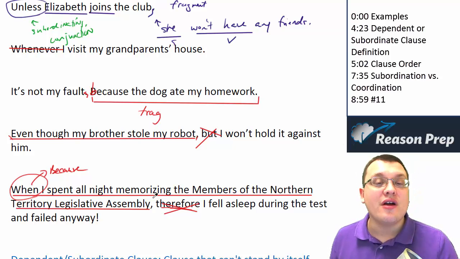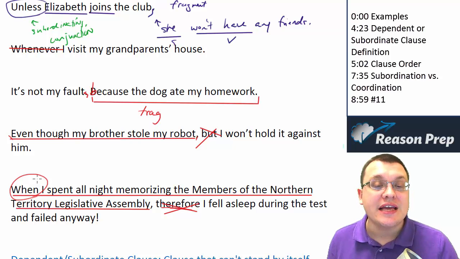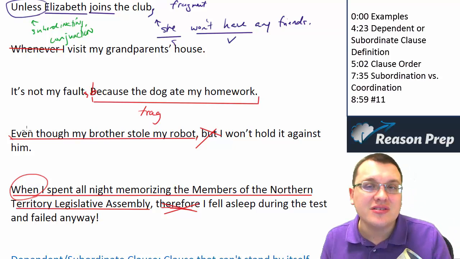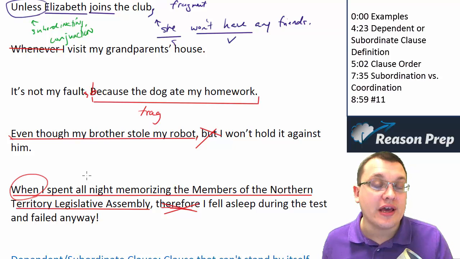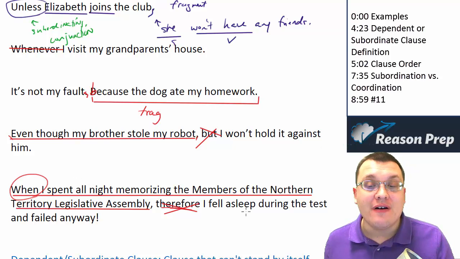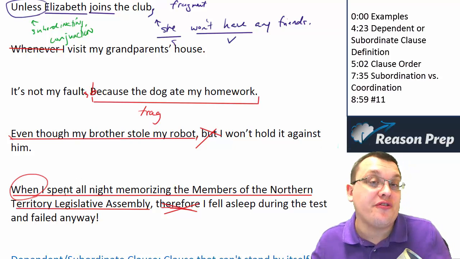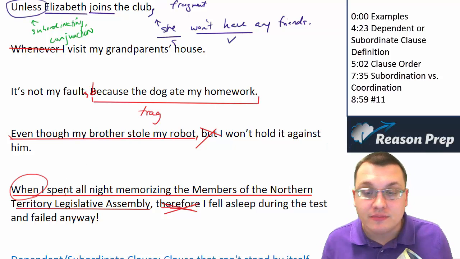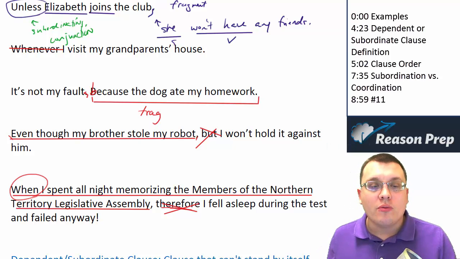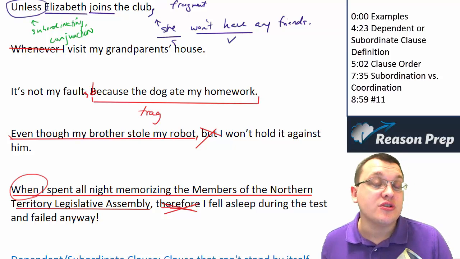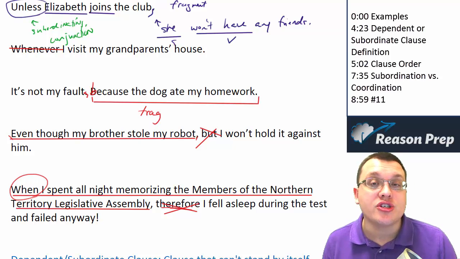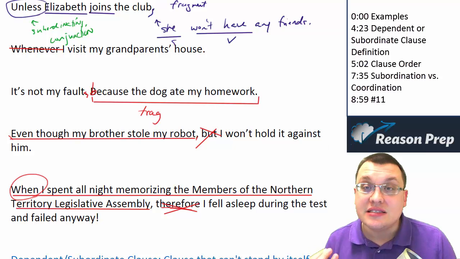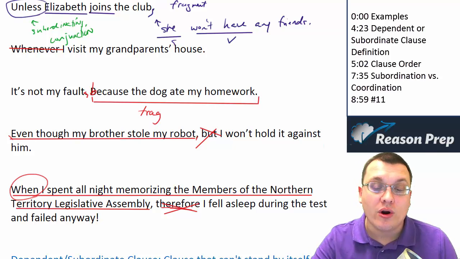The point is we don't need the therefore, given that the information in the subordinating conjunction tells us how these two sentences relate. That is, I fell asleep during the test as a result of the fact that I spent all night memorizing this list. So notice what matters here as well, besides structure, is meaning. You want to make sure that you have clarity and meaning. It's concise, no unnecessary words.